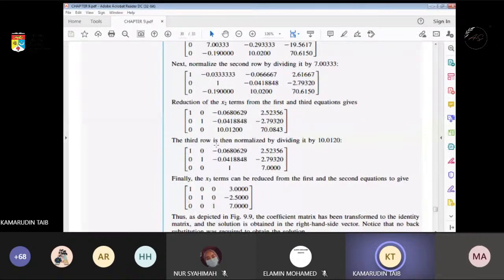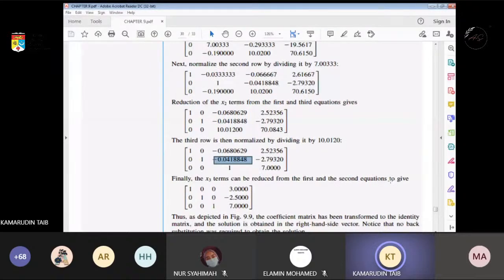The x3 term can be reduced from the second equation. The last step is to make this element 0 by using the x3 terms, which can be reduced from the first and second equation so that it becomes 0, to give this number here.